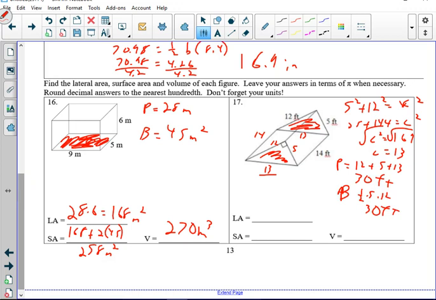The lateral area is 30 feet times the 14 feet, which is 420 square feet. The surface area is 420 plus 2 times the area of the base, 30. So that's 480 square feet. And the volume is 30 times 14, which is again 420 cubic feet.